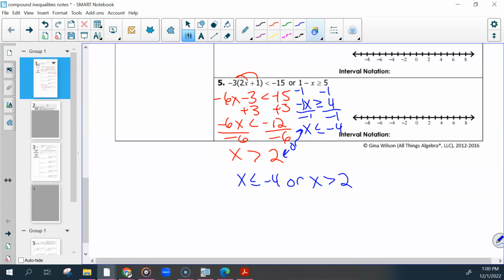So then we would graph both. Closed circle at negative 4 going to the left. Open circle at 2 going to the right. The interval notation for this one would be what?